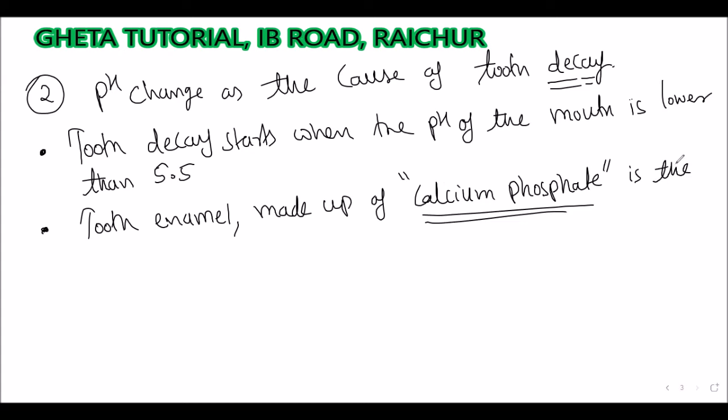Calcium phosphate is the hardest substance in the body, which cannot be dissolved by water. It does not dissolve in water.